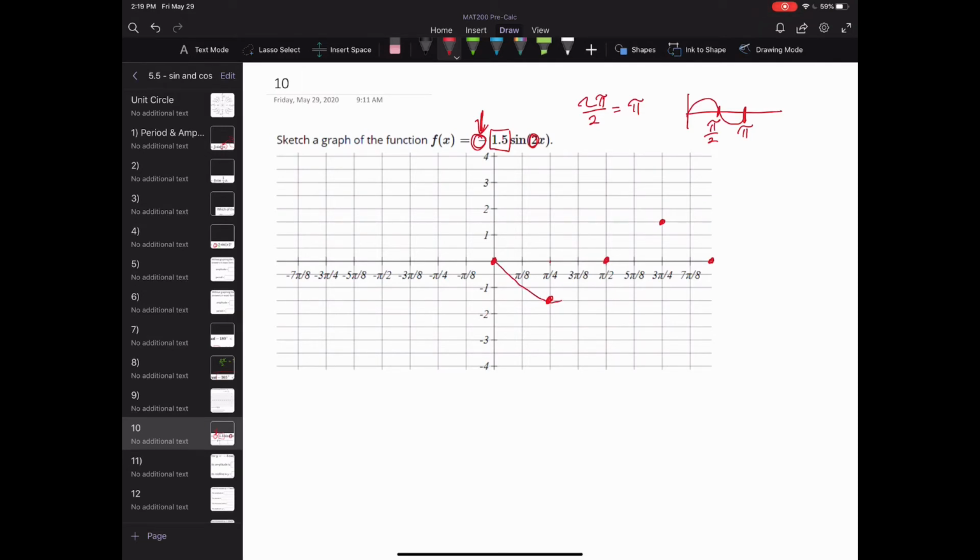I'm just going to leave this like that. Well, I feel bad. Let's just do it. Notice that every 2 spaces, you're going to have a key point. So 1, 2 right here, 1, 2, 1, 2, 1, 2. So it'll reach a max here. It's going to cross right there. It'll reach a minimum there, and then it'll cross right there.